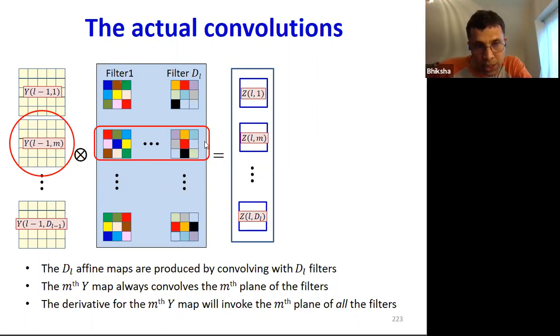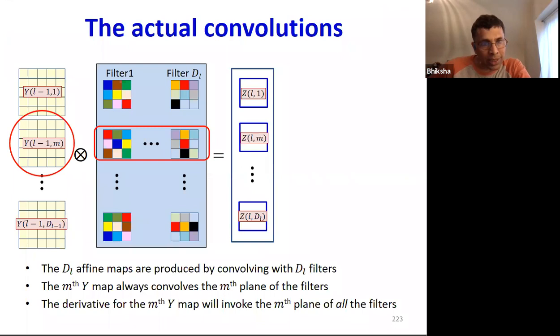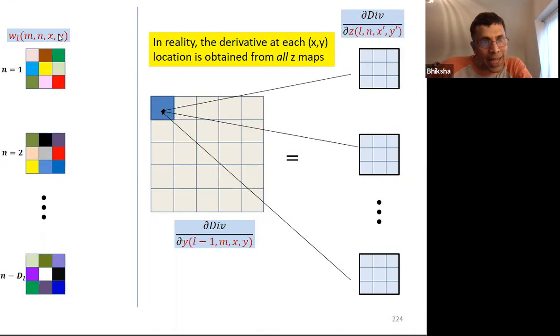You see why I'm picking this row of planes from all of the filters to compute this, right? And so here is how the actual derivative for this mth activation map is computed. These are all the derivative maps for the nth layer affine maps. Now this is not one filter, this is the collection of mth planes of each of my filters. This set of planes from all of these filters is what I've written down over here.